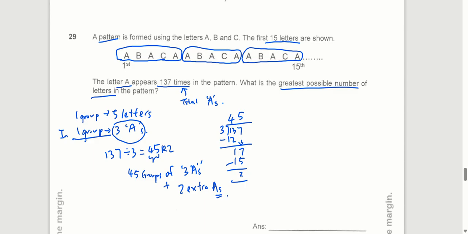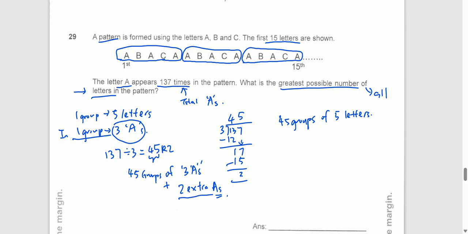Now, you want to get to the greatest possible number of letters in the pattern, that is all the letters. So you have 45 groups of 5 letters, and 2 extra A's.